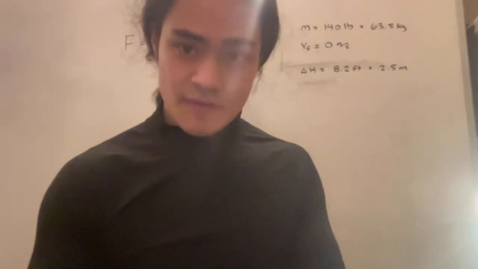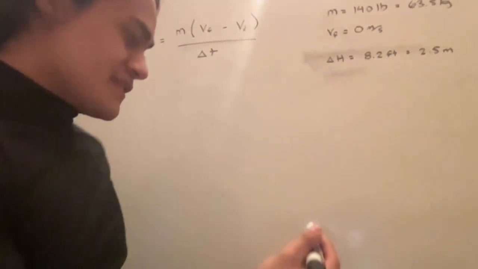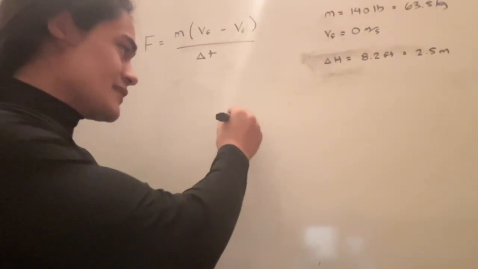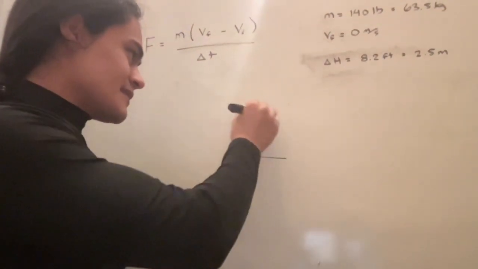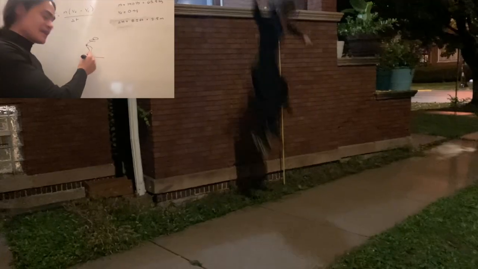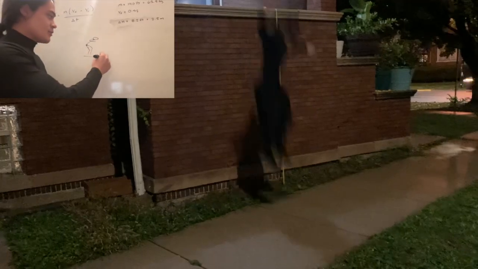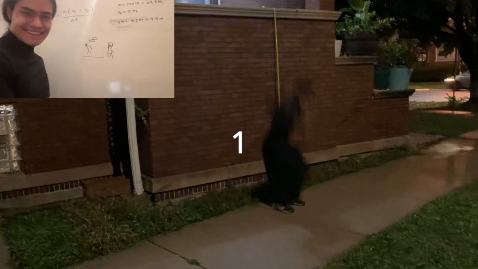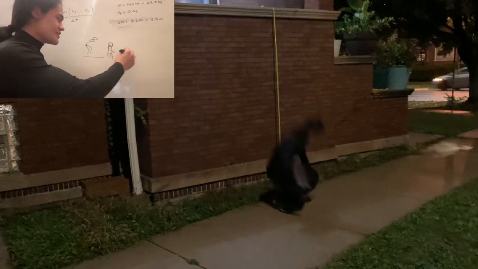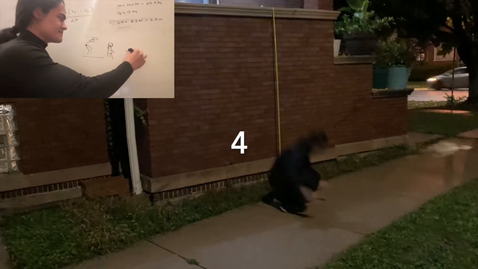And then from the video, we do frame by frame analysis. We could see that from the moment I hit the ground to the moment I fully stop, it took around 7 frames.